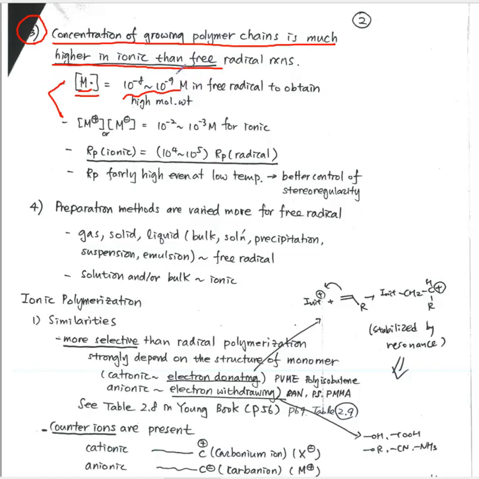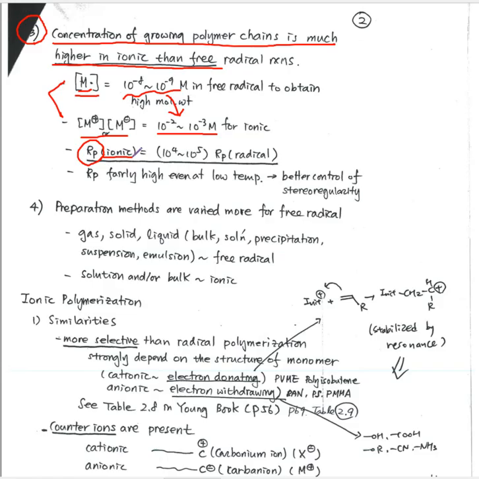It's a relatively small concentration, but for cation or anion, it's much higher. Which means that the propagation rate is much faster in ionic polymerization compared to free radical polymerization.